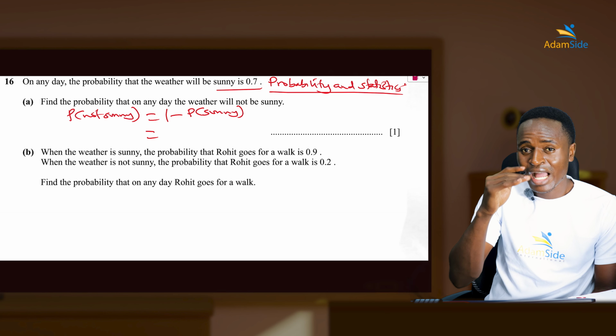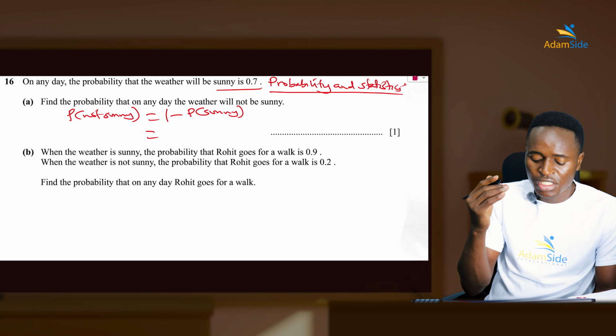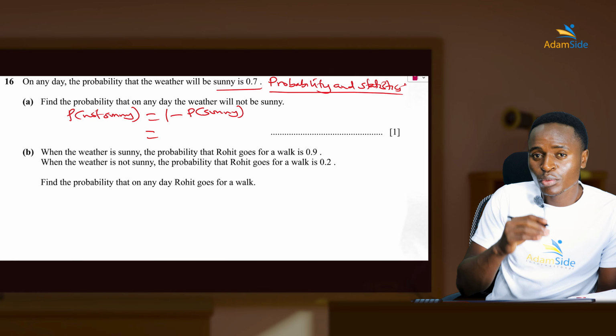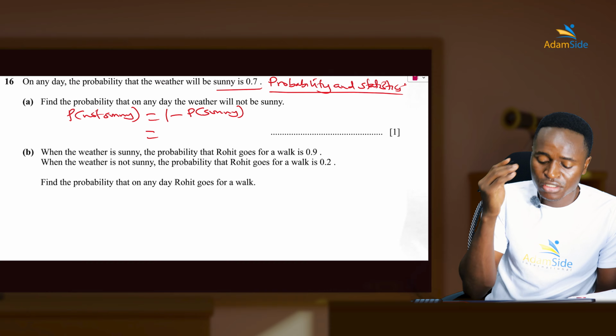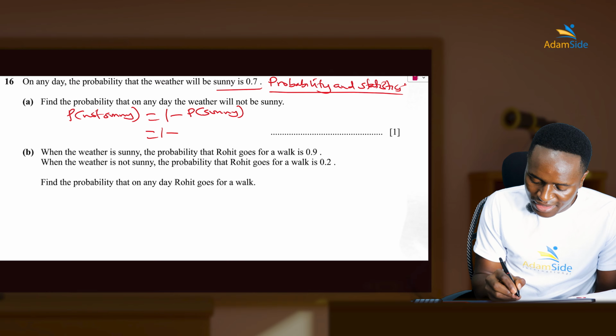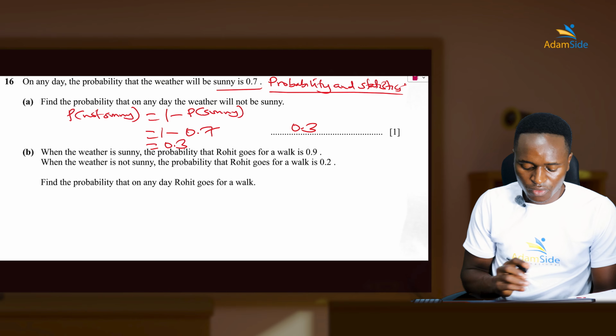The probability of an event happening plus the probability of it not happening is equal to 1. So 1 minus 0.7, you end up getting 0.3. That's the answer. Correct.